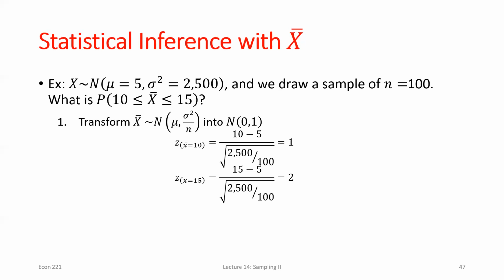Once I have those z-scores, I can look up that z-value of 1 on my table. The table gives me the area to the left. I could then look up that z-value of 2 on the table. The table will give me the area to the left.